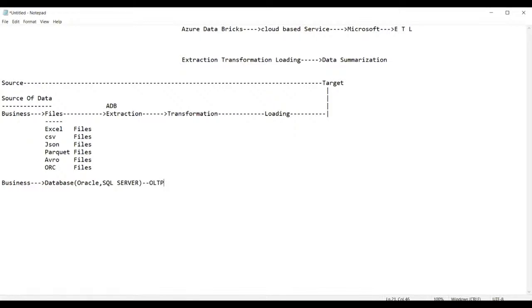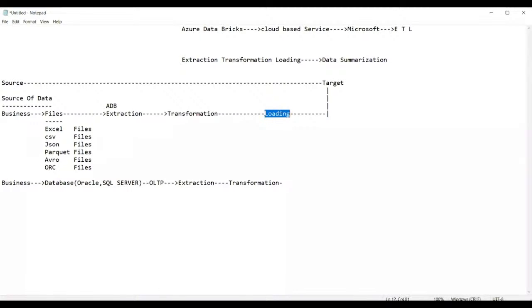So ultimately from this database, we pull in the data using the same process. Extraction will be done, that means using ADB we extract the data. Once the data is extracted, we perform the transformation on the data. Transformation is the actual process of data summarization or loading the data as per the requirement of the client.